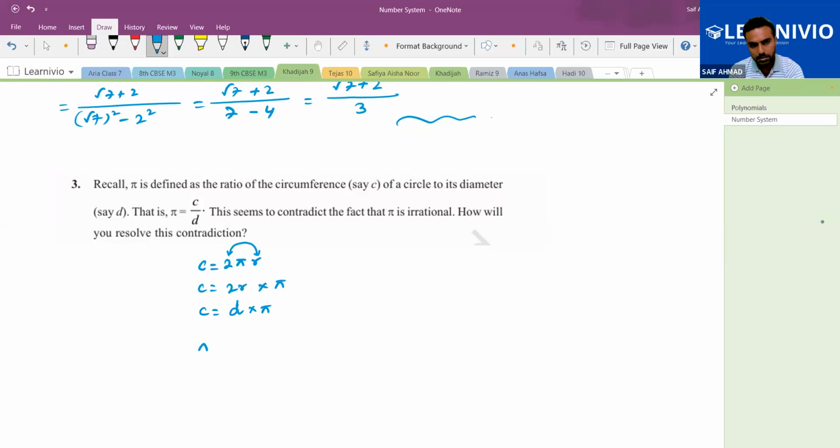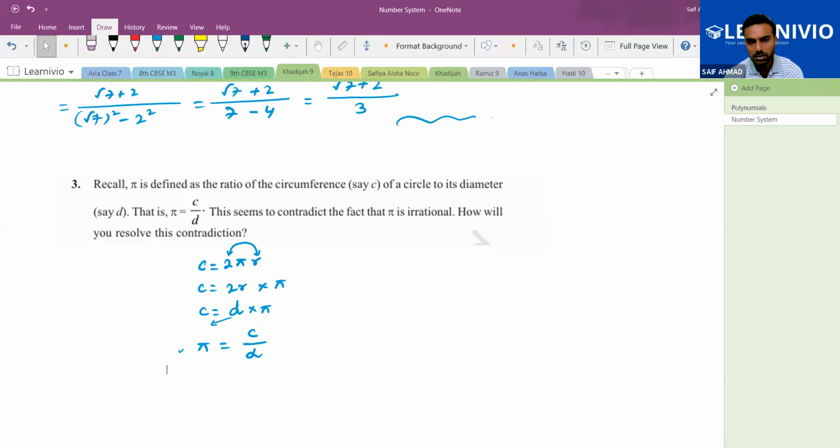And pi will be equal to c by d when you put it in the denominator. Because pi is irrational, but it seems that pi is rational. So how will you solve this contradiction?